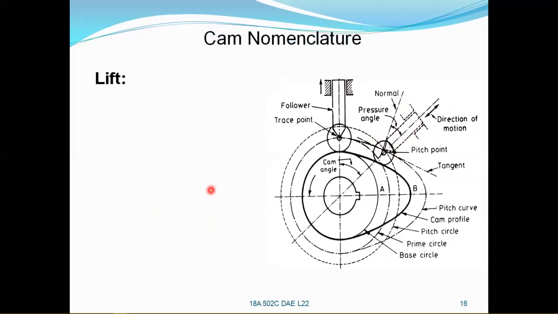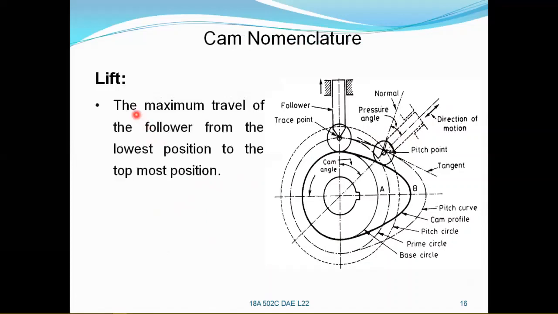Now the term lift: the maximum travel of the follower from the lowest position to the topmost position. That means if you see here, this is the lowest position, because it is the minimum radius of the cam profile as it is touching with this.